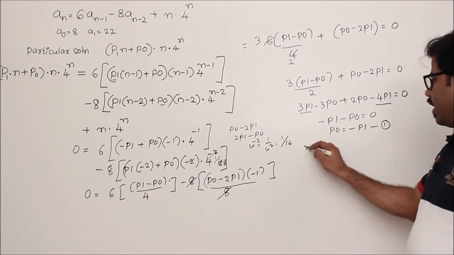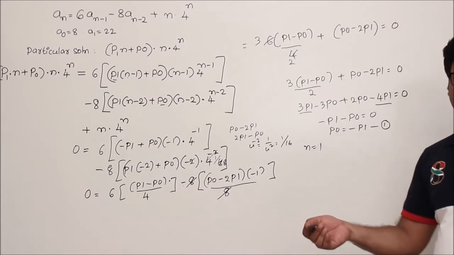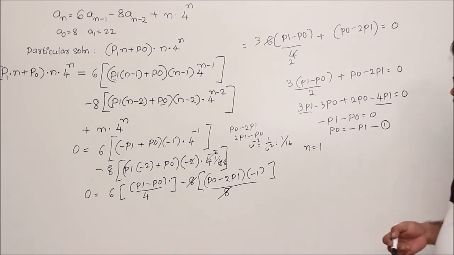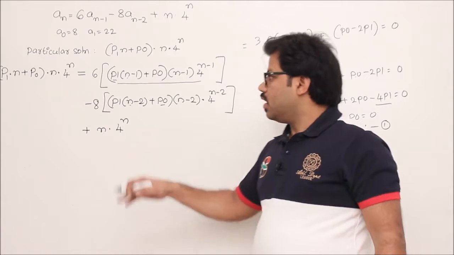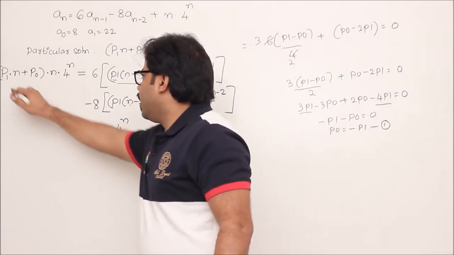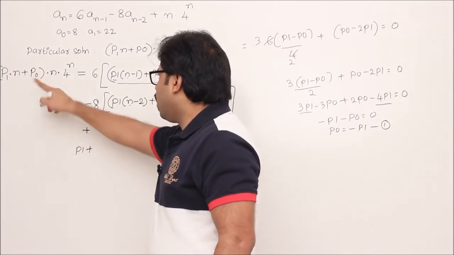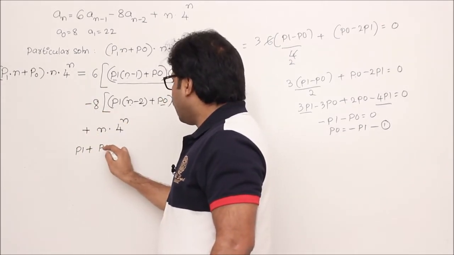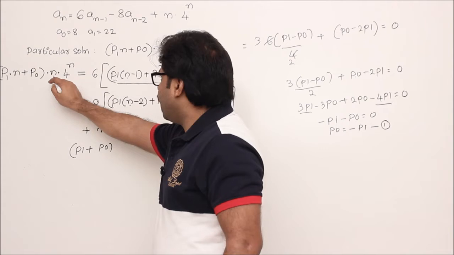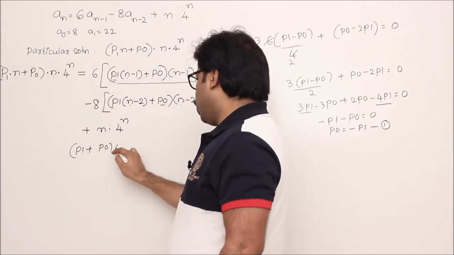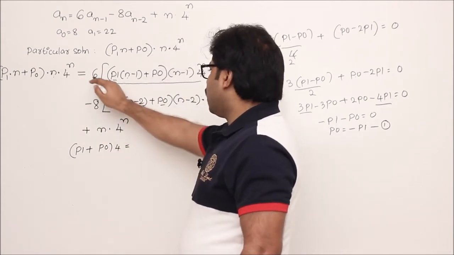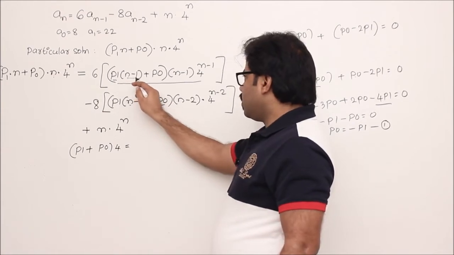Similarly, by substituting n equal to 1, you get one more equation with P naught and P1. We'll see that. So let's substitute n equal to 1. Then what happens? It will become P1 into 1, P1 plus P naught, correct, into n is 1, 1 into 4 power 1, 4 equal to 6 into, if you see here, n minus 1 is 0.